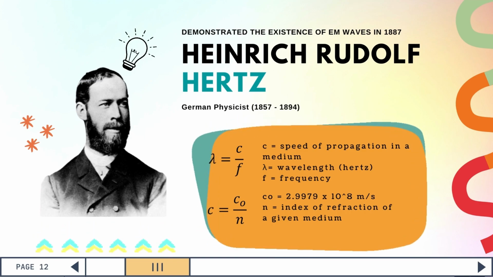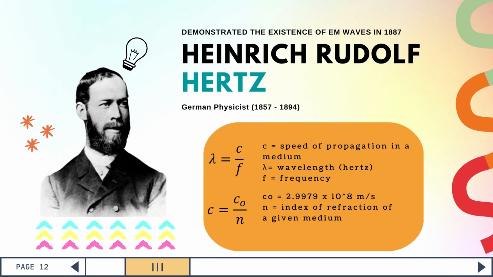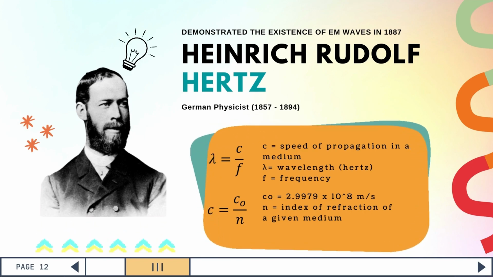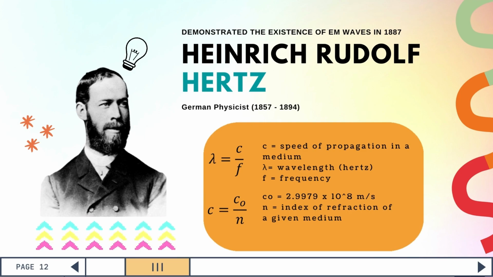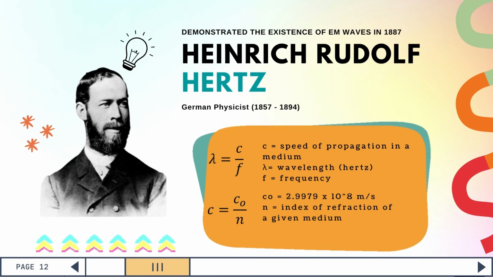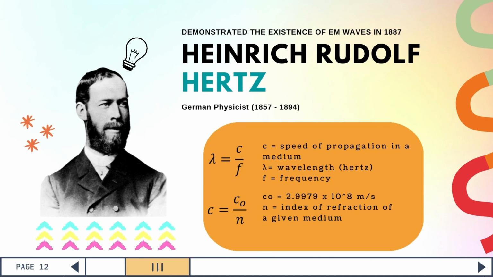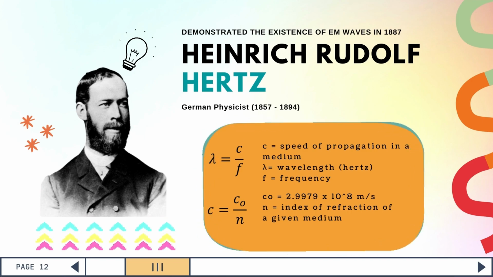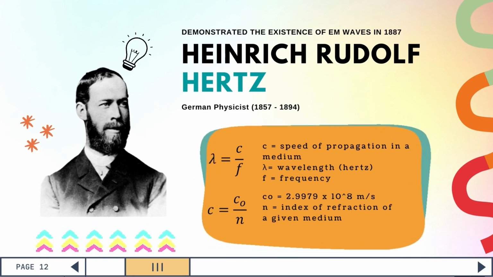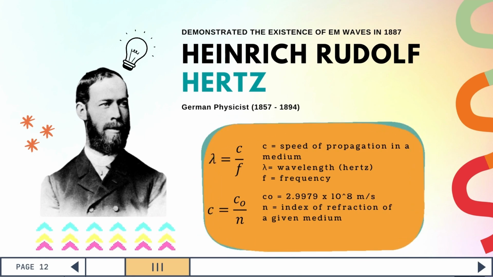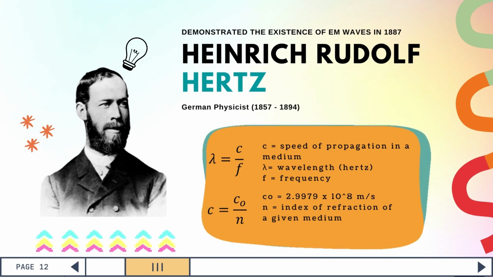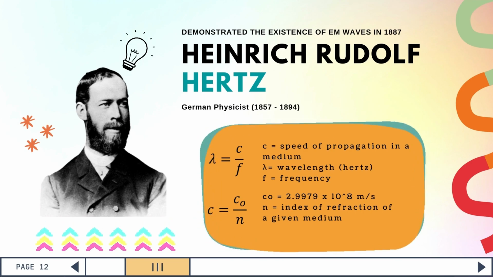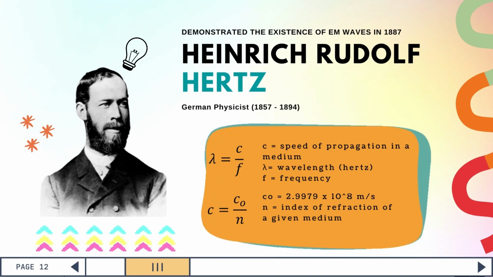The first equation is used to get the wavelength of a given wave with a unit of hertz. The second equation shows the relationship of the speed of propagation in a medium to the speed of light in a vacuum. It shows that the speed of propagation in a medium is equal to the constant speed of light over the index of refraction of a specific medium.